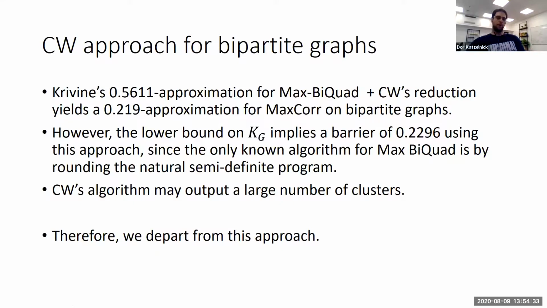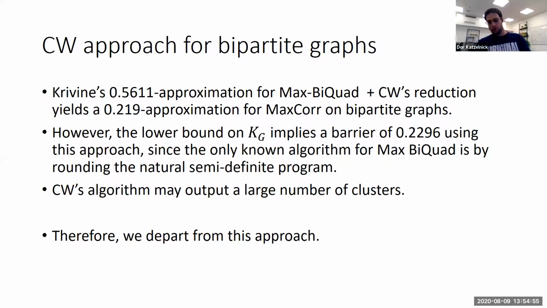In addition, the algorithm may output a large number of clusters. Remember that we choose between the clustering of the maximization of the bipartite quadratic form and the whole singleton clustering. So it may output a large number of clusters.